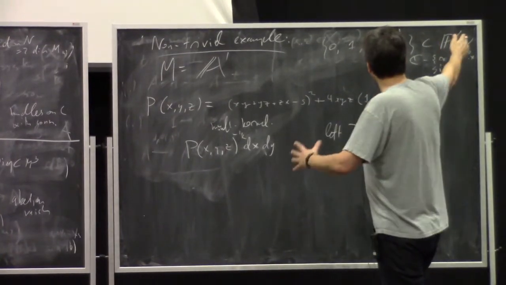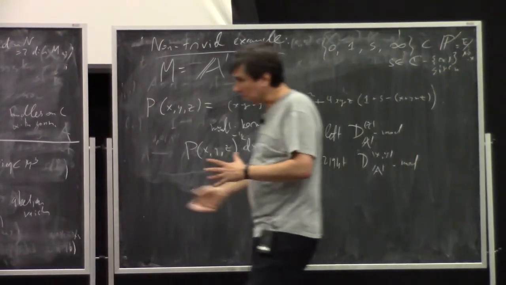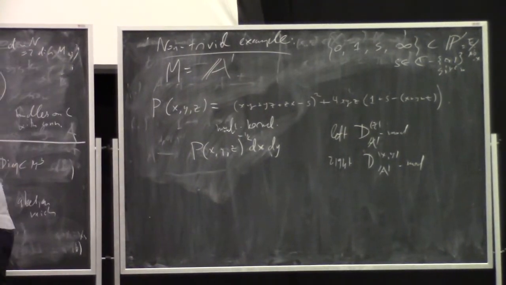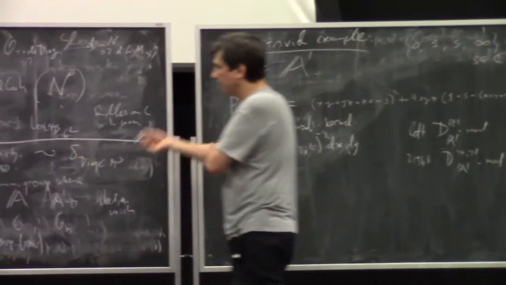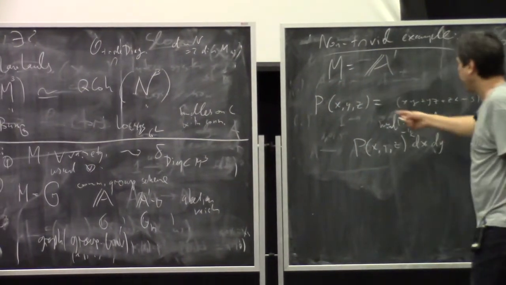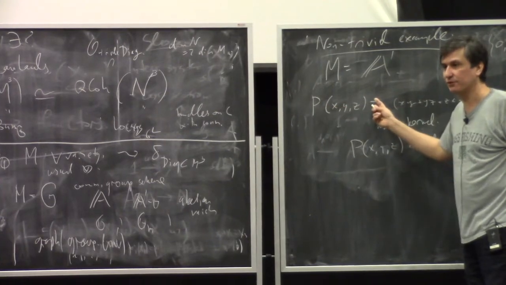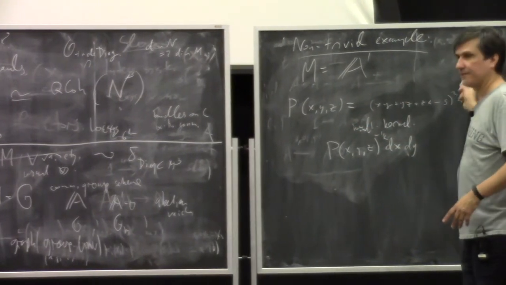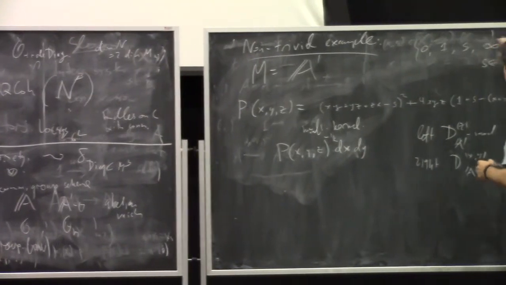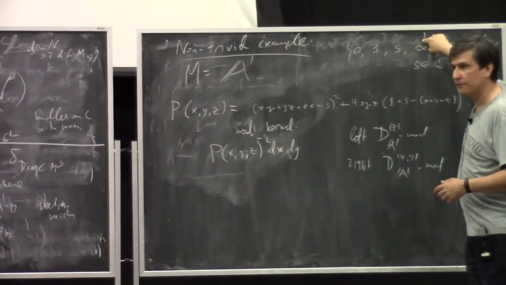Then, if you consider this multiplication kernel, you will get the delta function of some hypersurface. And the hypersurface is given by the equation p equal to 0. Yeah, so that's the origin of this p equal to 0. Consider 3 points on this elliptic curve. This will be 0 of the addition.